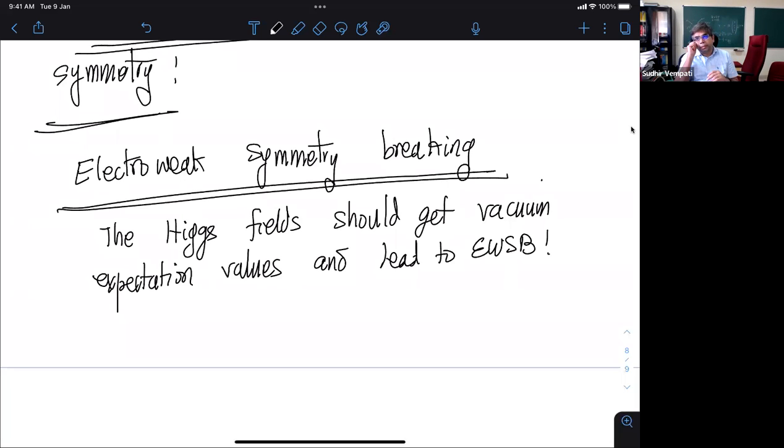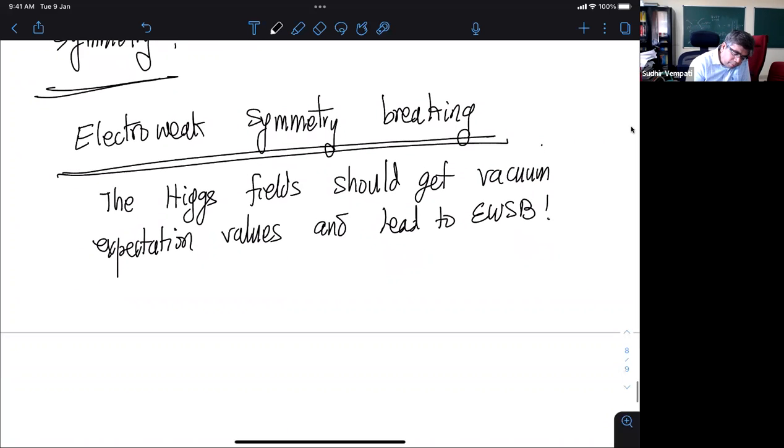That's the basic idea. But instead of one single Higgs field, you get two Higgs fields, which give you a vacuum expectation value. That's the only thing which you do.